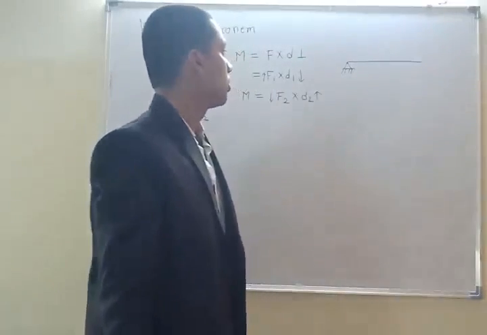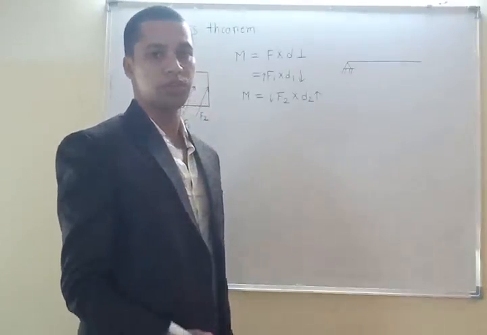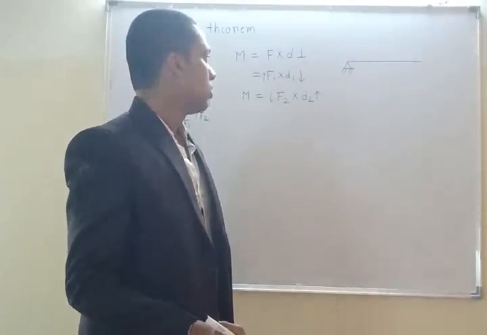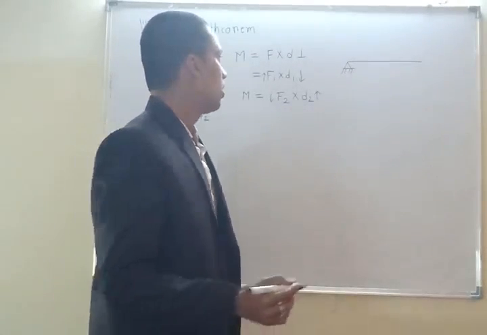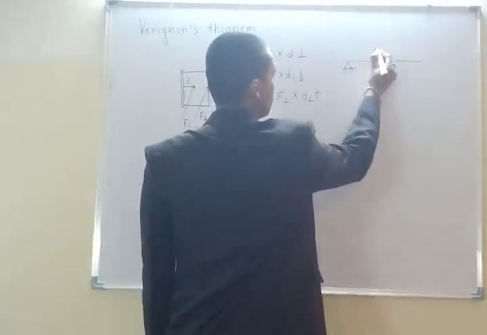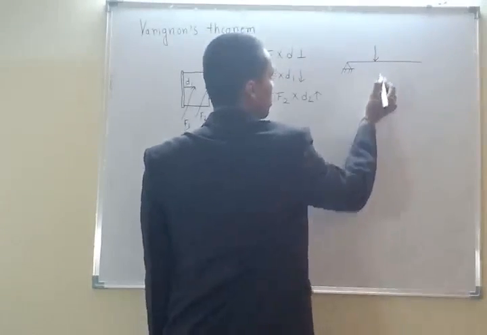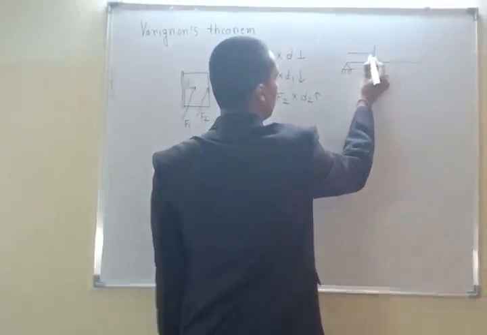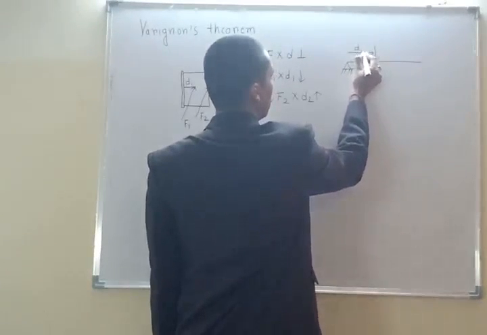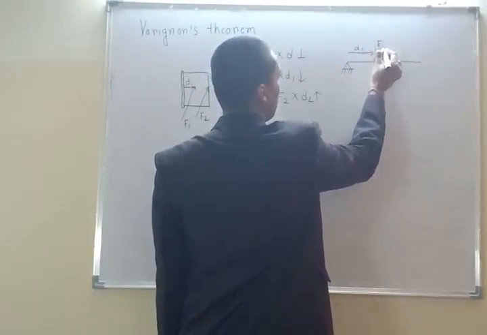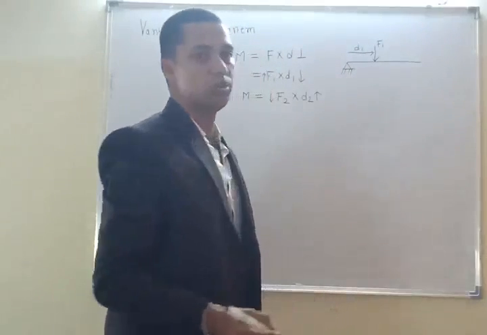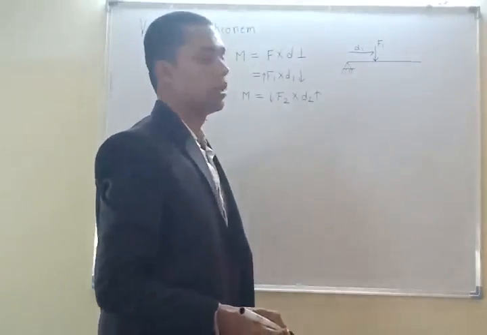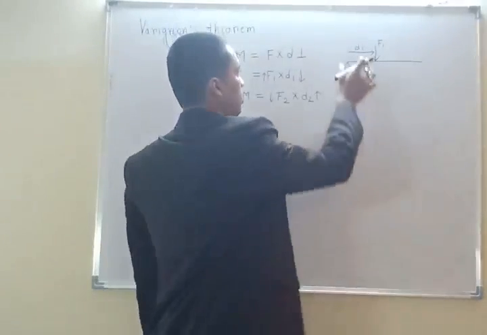If it is to rotate with some constant acceleration, then we can put a force here. This distance is D1 and this force is F1. F1 has to be more to produce the moment M, because the distance is smaller.